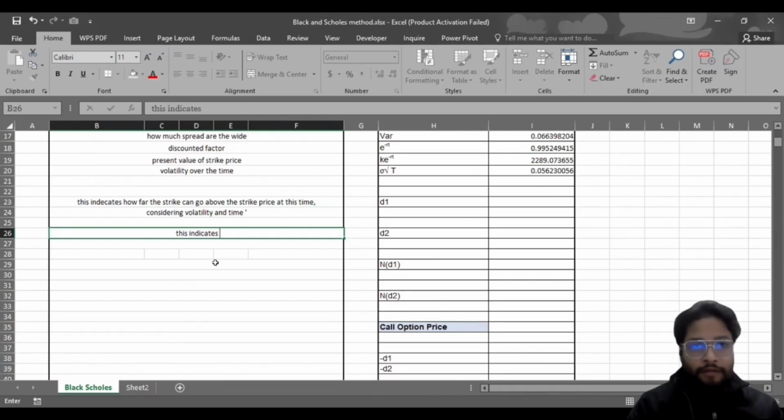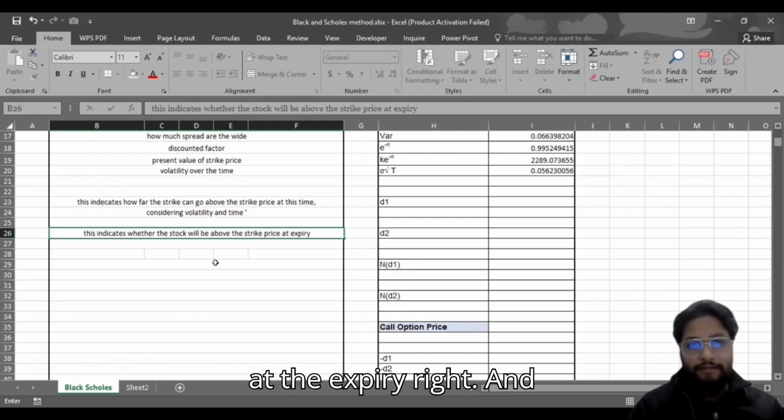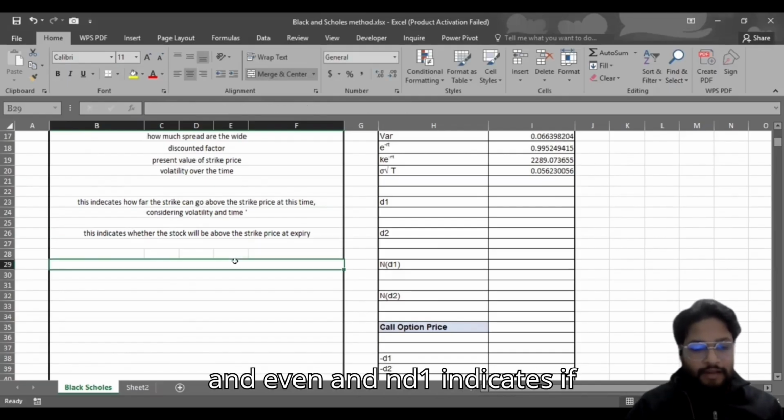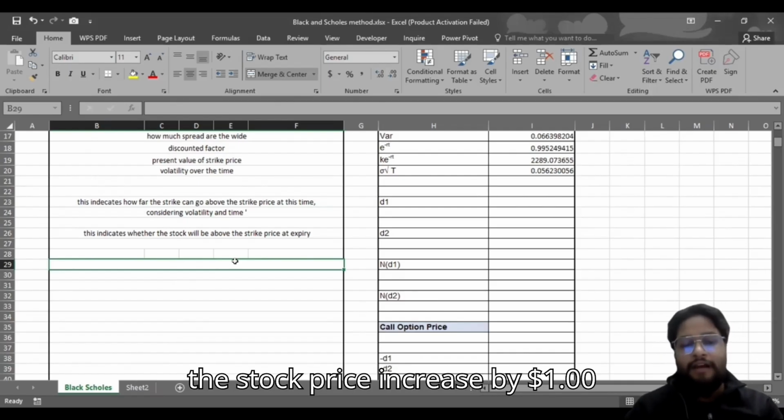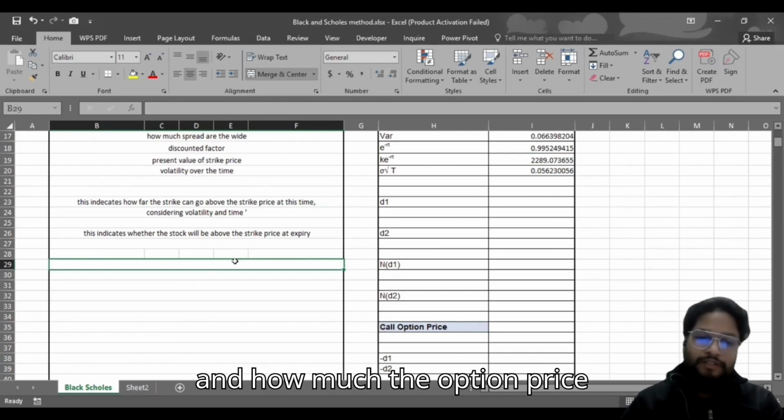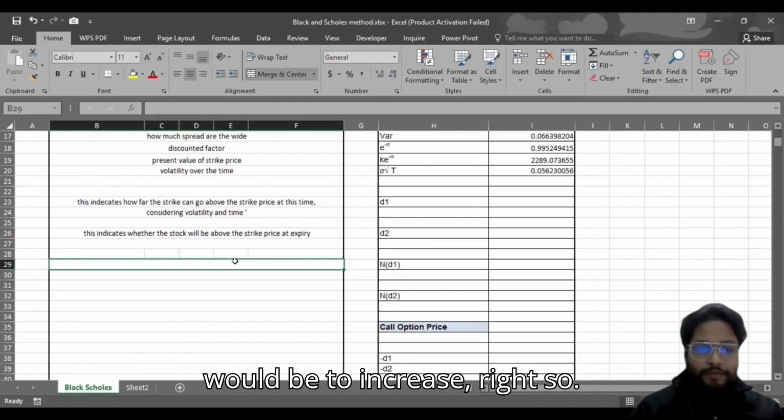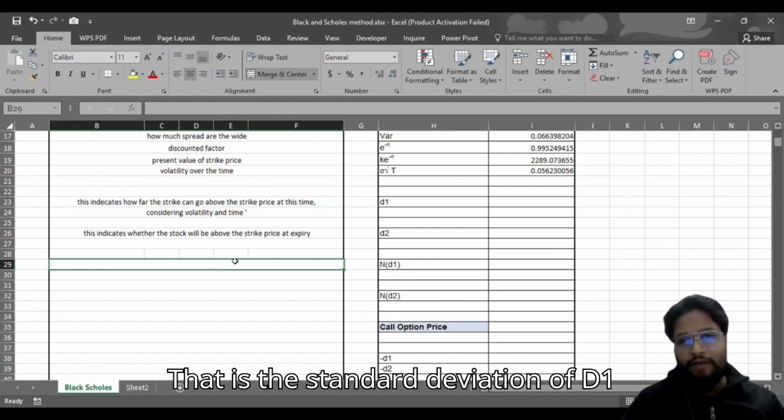And it also indicates, if the stock price increases by $1, how much the option price would increase. So that is the standard deviation of D1, and similarly D2.